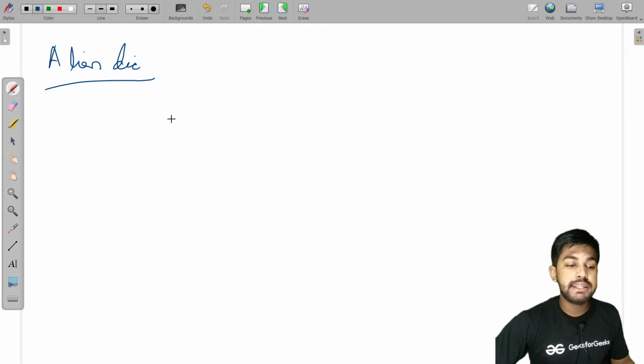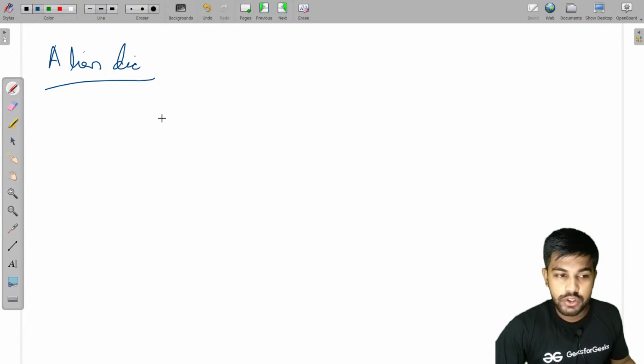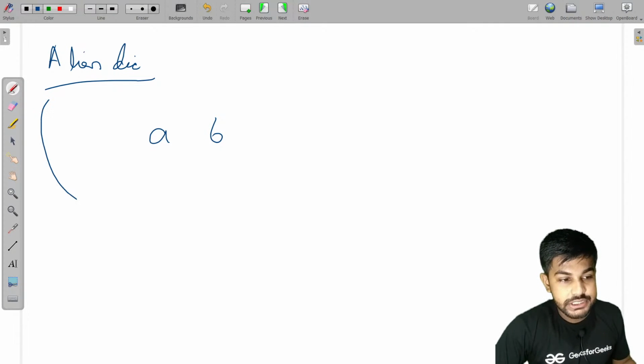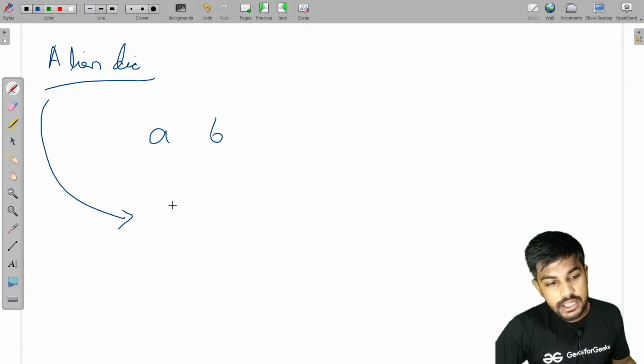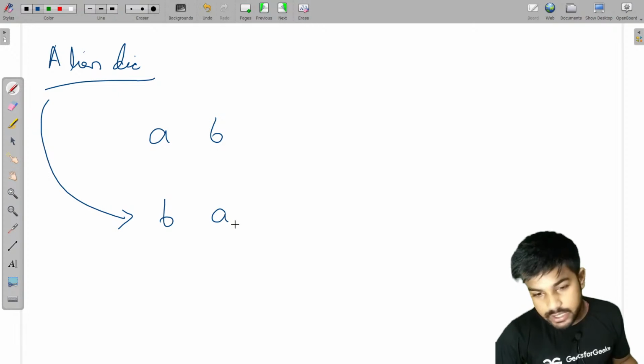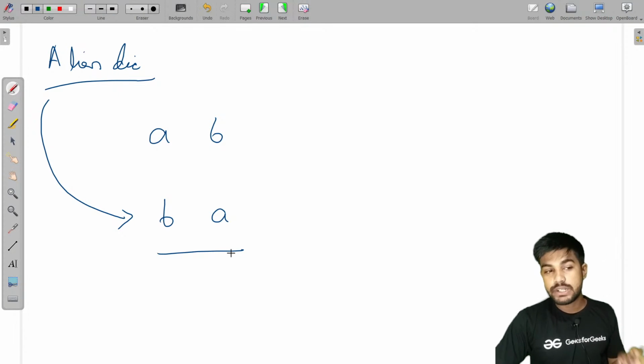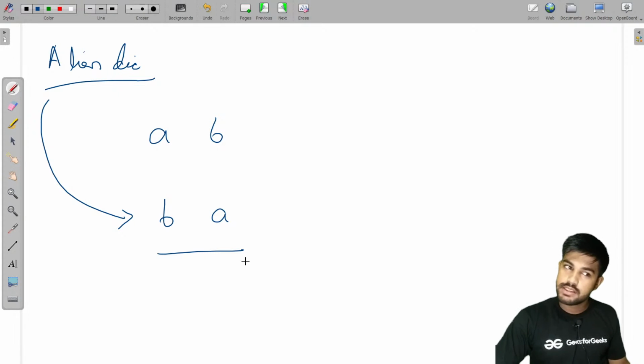That means in our language, A comes before B, but in that alien dictionary it might be the case that B would come before A. In the same way, this dictionary's words would be given, and we need to tell which words come first or which words come last. This is the only question.